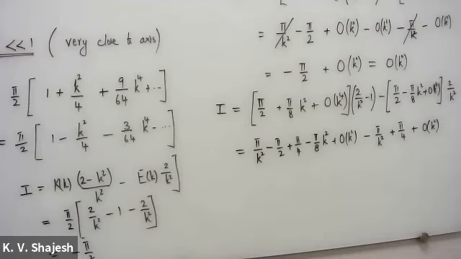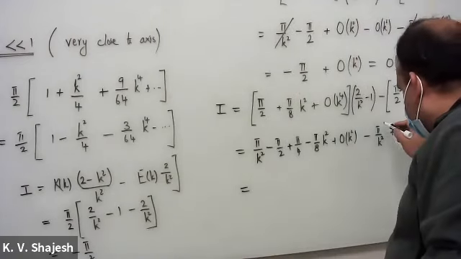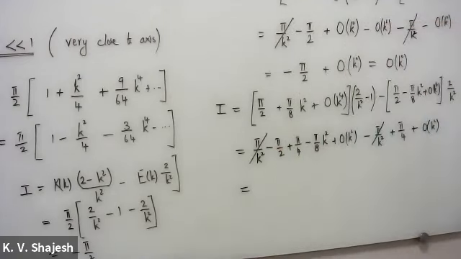Okay, which is equal to pi over k squared cancels out. That happened earlier also. But now notice minus pi by 2 plus pi by 4 plus pi by 4 is perfectly 0. And the next one is meaningless because I've already lost, plus order k squared.